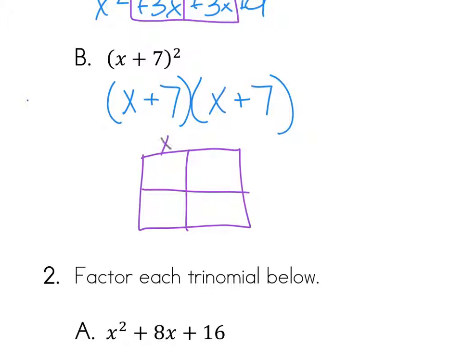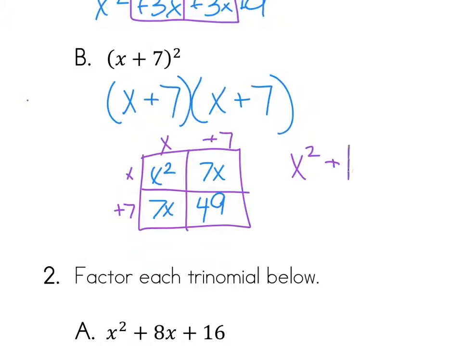Again, some of you are getting away from showing a lot of this work and using what we know about the polynomials to help us. So this becomes x squared, 7x, 49. So if we group our like terms together, we end up with x squared, 7x and 7x become 14x plus 49.